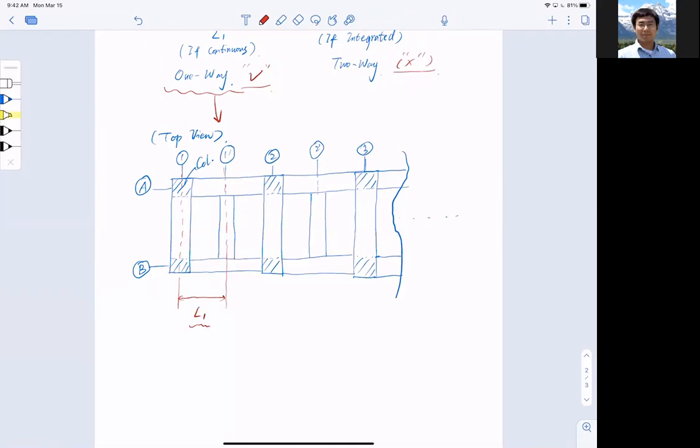And between A and B, the transverse direction, this is L2. To call it one-way, remember L2 over L1 has to be greater than or equal to 2. So that's that.